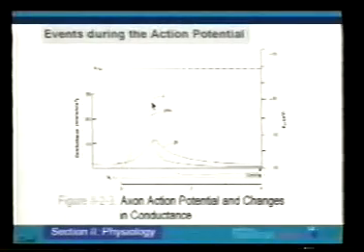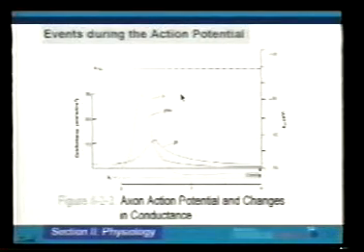Now with repolarization, all you have to know is you have an elevated potassium conductance, and that elevated potassium conductance causes a massive potassium efflux, and it is the efflux of potassium that causes repolarization.